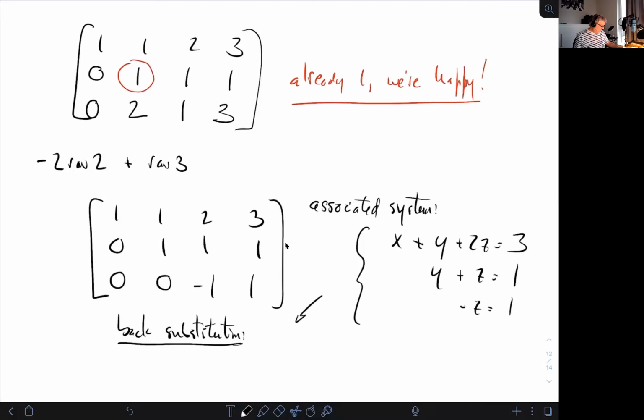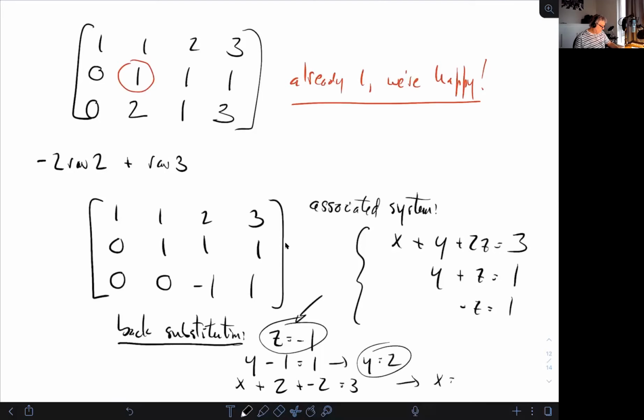So z equals -1. Then go up, y minus 1 equals 1, so y equals 2. And x plus y, which is 2, plus 2z, which is minus 2, equals 3. So x equals 3. Okay, I've got 3, 2, minus 1 as my solution.